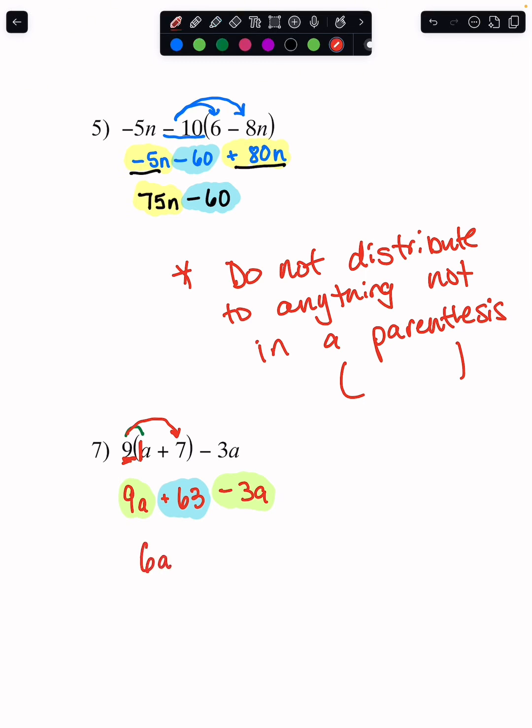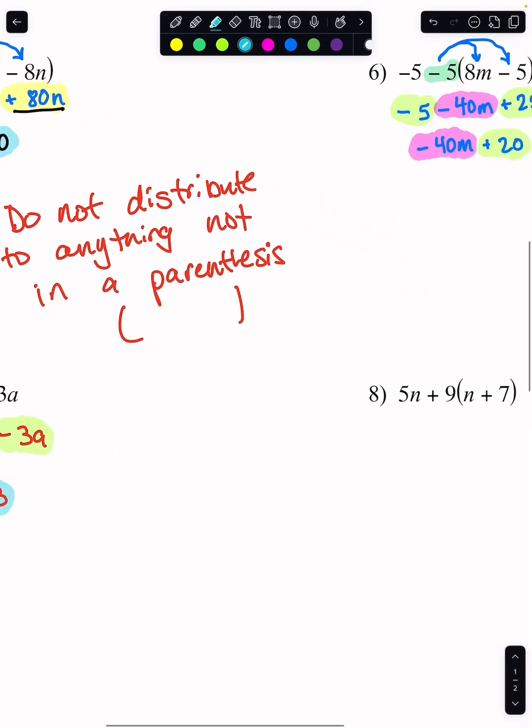And then since there's nothing to combine with this positive 63, I'm going to add 63 here. So the 6a came from the combination of 9a minus 3a. And the positive 63 came from the 63 just came down. There was nothing to add to it.